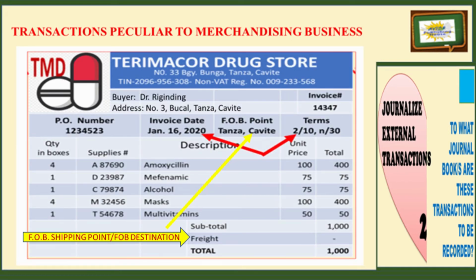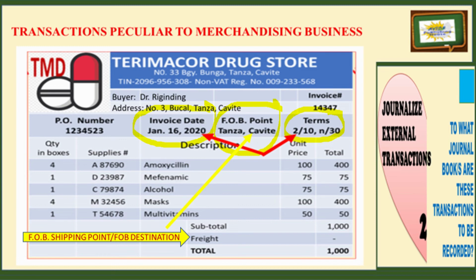So, ito yung iti-take note sa resibo. Date. And then, the terms para sa monitoring ng cash discounts. And then, sa shipment terms, FOB point, ibig sabihin shipping point.